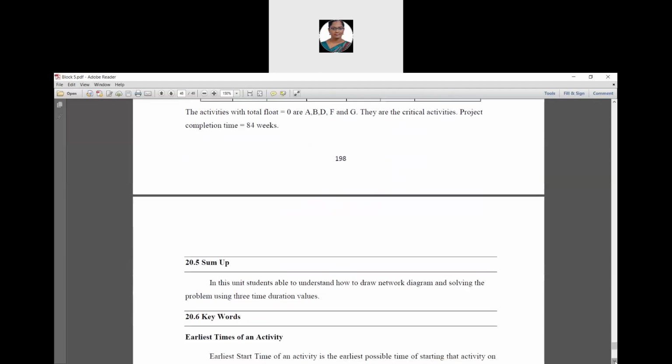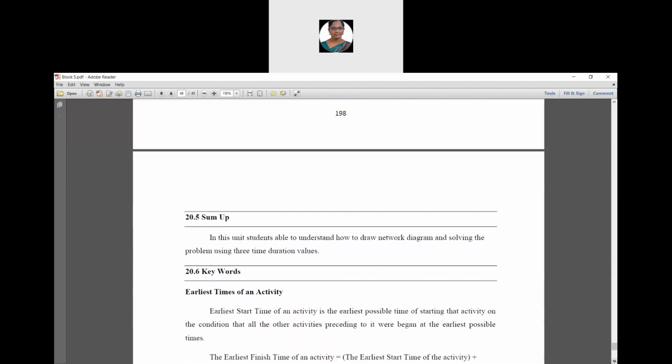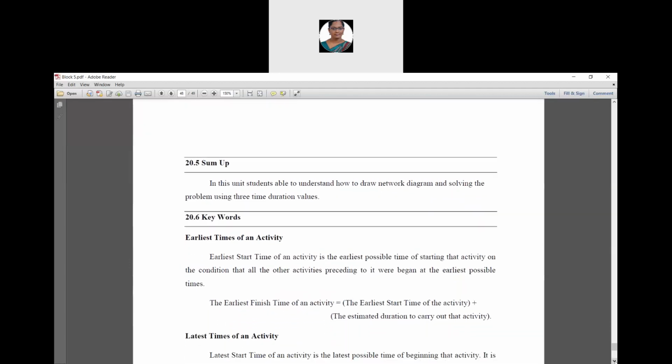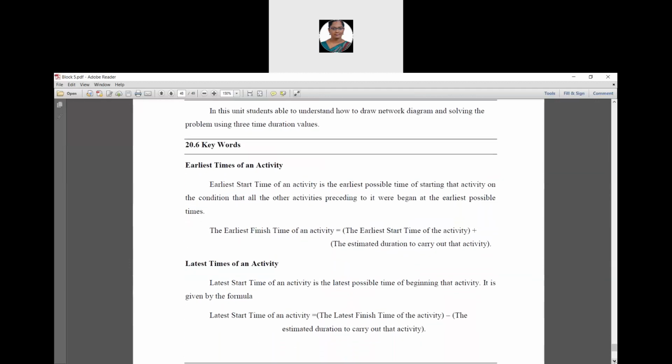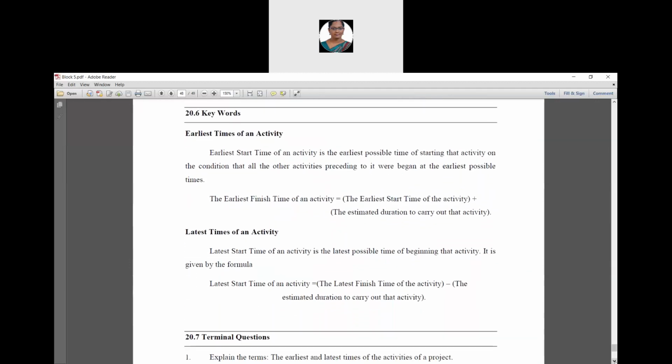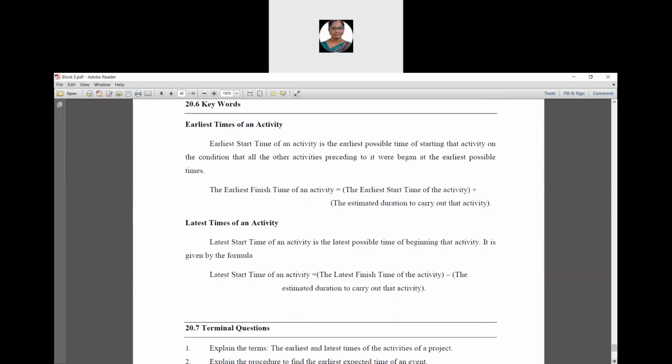And here is the sum up. In this unit, the students are able to understand how to draw a network diagram and solve the problem using 3 time duration values. And they have given keywords for you. It is earliest time of an activity and latest time of an activity.